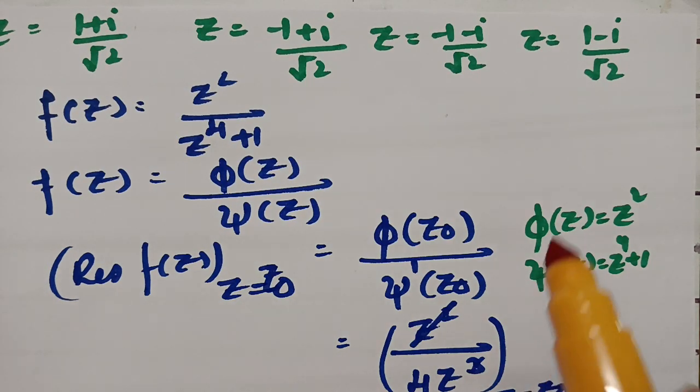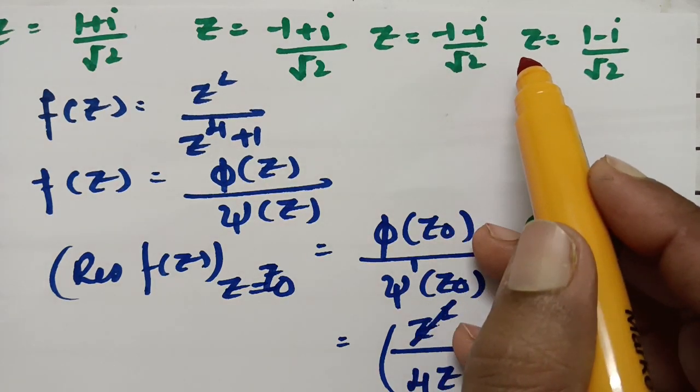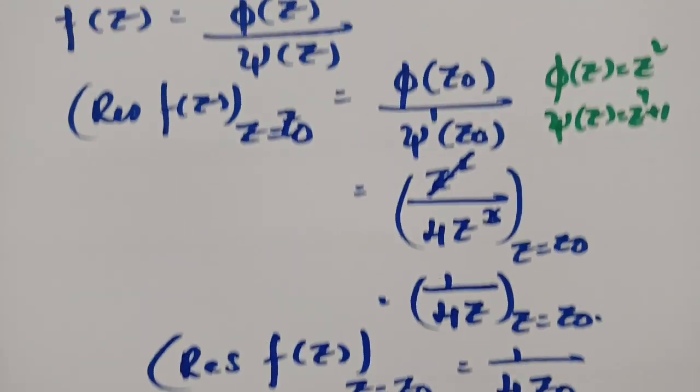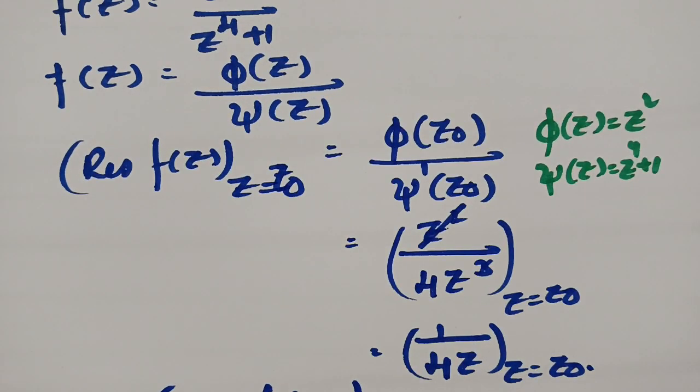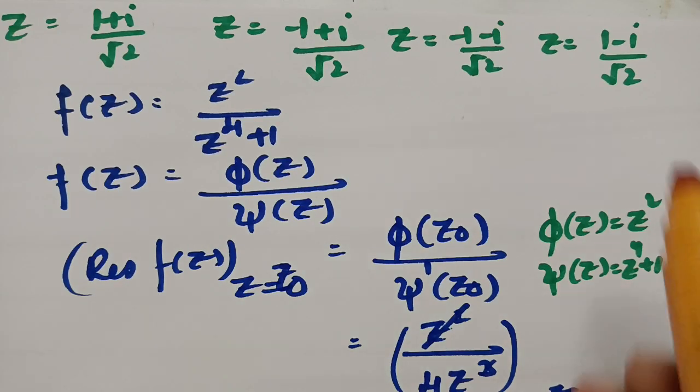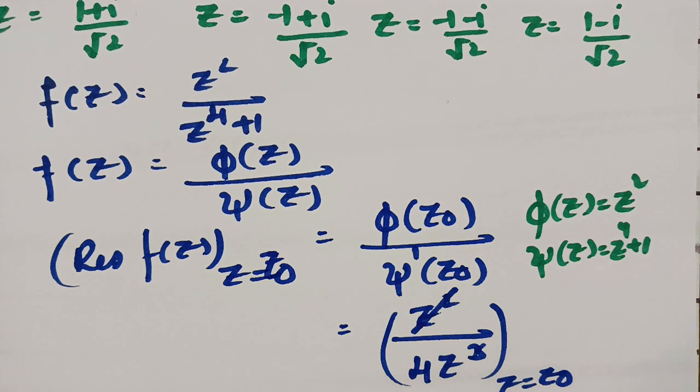And for the third pole, (-1 - i)/√2, this is our residue value. And for the last one, that is (1 - i)/√2, this is our residue value.